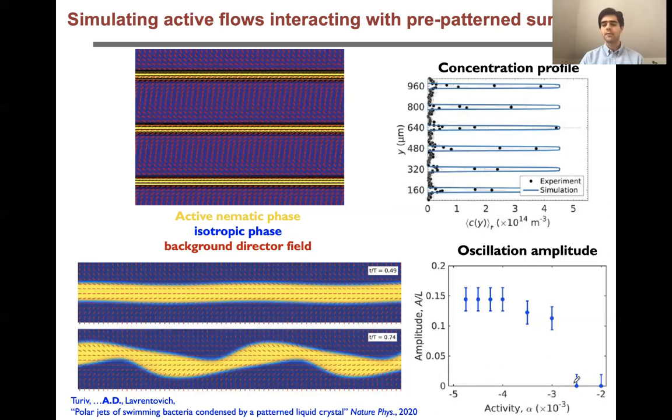And after a while, you form the instability, but this instability cannot grow larger than the amplitude set by the bend patterns. This is a very nice example of using the phase field model to look at the interface between a moving active phase of matter and a background that has some kind of pattern in it.